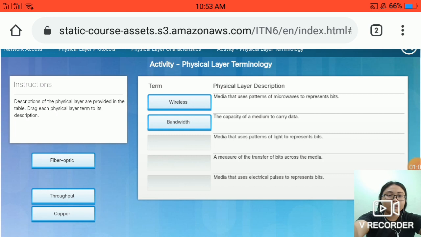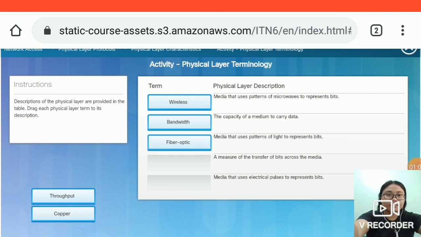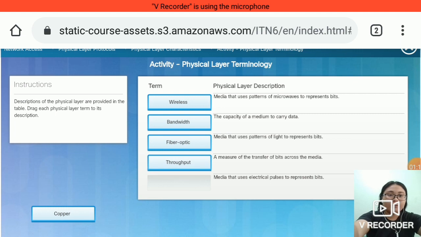Media that uses patterns of light to represent bits. I think this is fiber optic. A measure of the transfer of bits across the media. I think this is throughput. Media that uses electrical pulses to represent bits. I think this is copper.